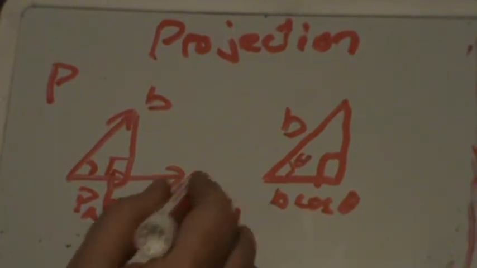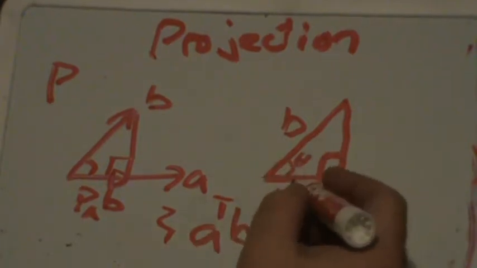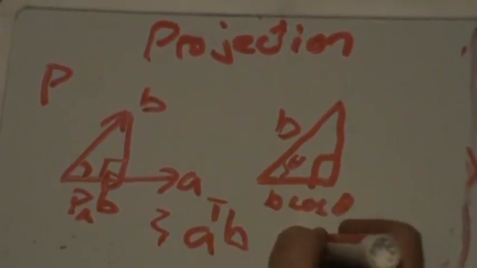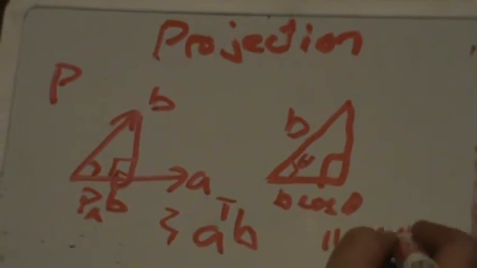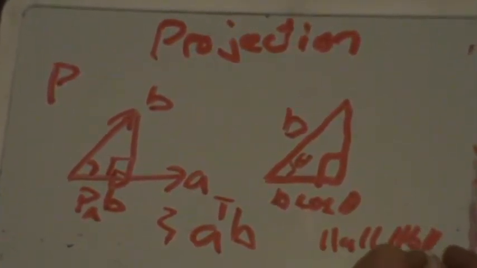And right here, A transpose B, that's going to give you the norm of A times the norm of B times the cosine of the angle.